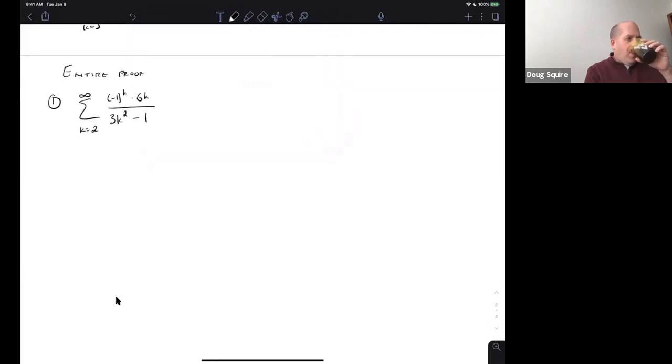Okay. So when we do this problem, what's the answer? So before we do anything, does this series diverge? Does it converge conditionally, or does it converge absolutely?